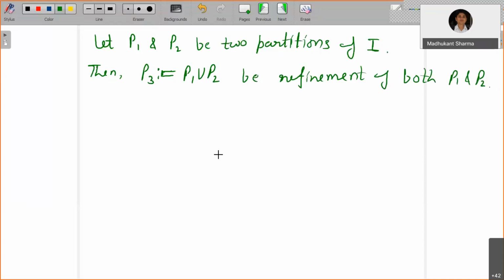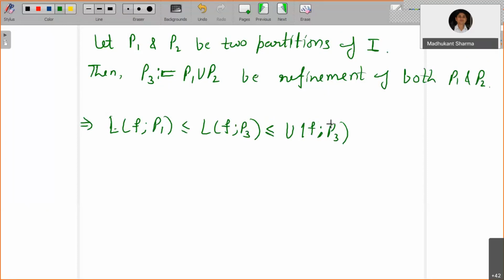So this implies LFP1 is less than or equal to LFP3, which is certainly less than or equal to UFP3.